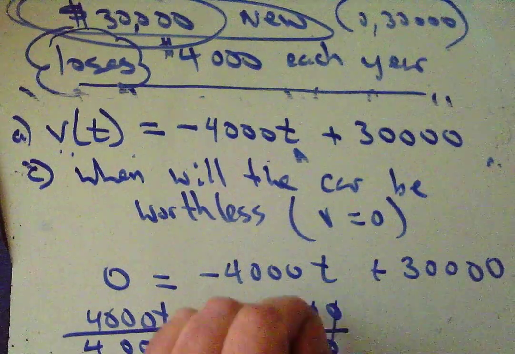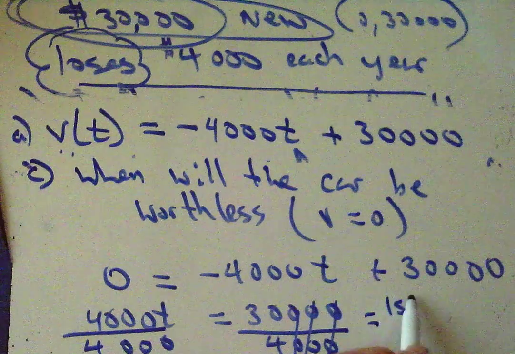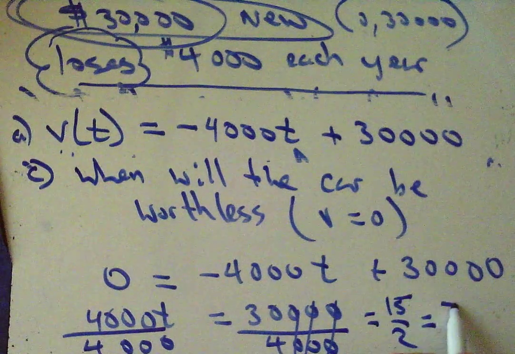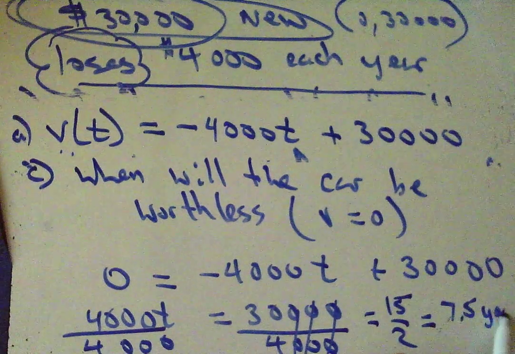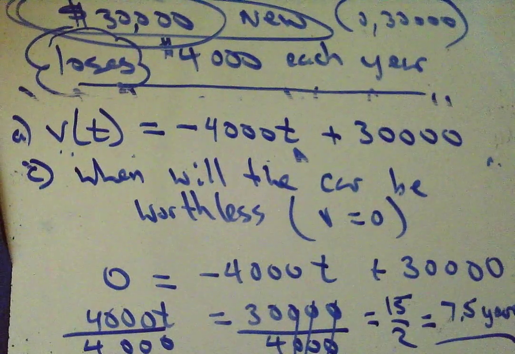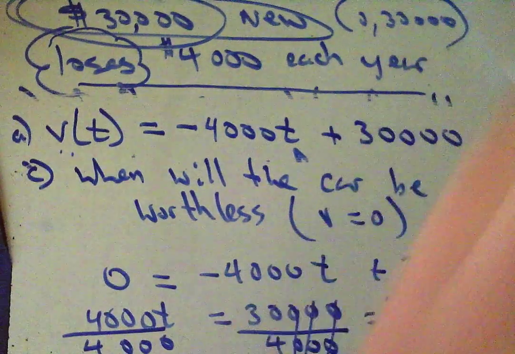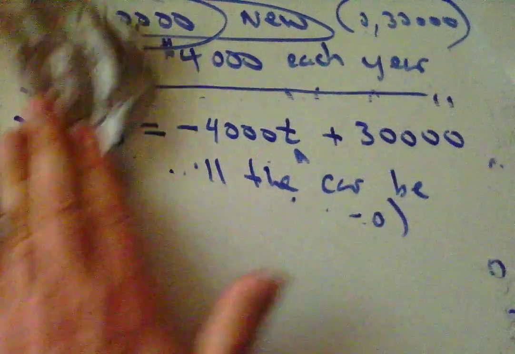I can cancel out a lot of zeros. 30 divided by 4 is the same as 15 over 2, or 7.5 years. I've got 7.5 years to enjoy my car before it's valueless and I won't be able to sell it for any money.